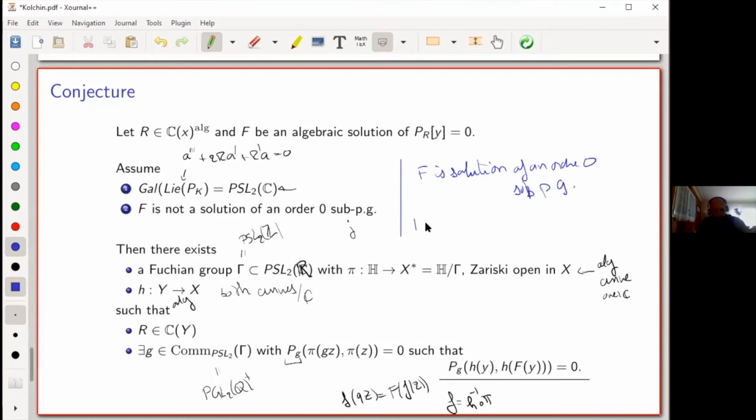You have a big function H, and your F is algebraic, but defined by an equation like this with H rational. So it is a very, very special kind of polynomial P, and then you do the same job, but now you do not need that. So it's a very special F.